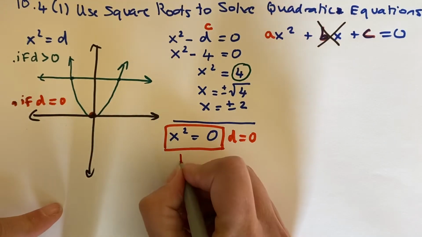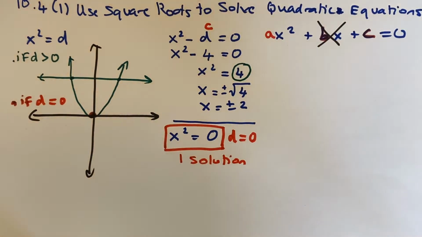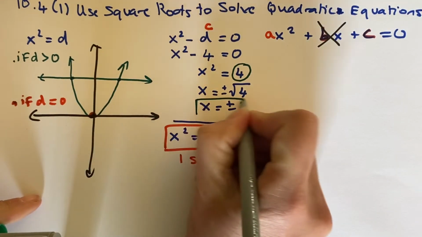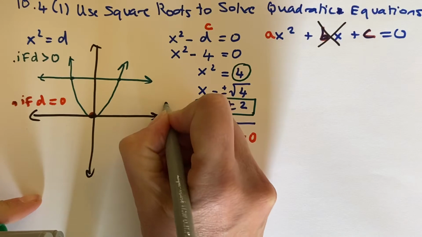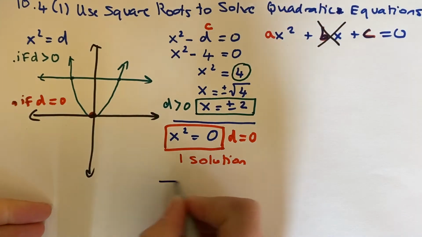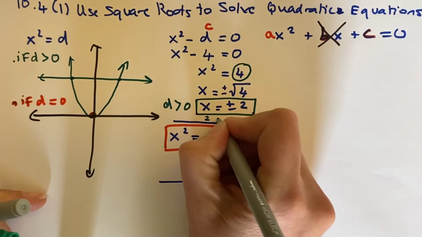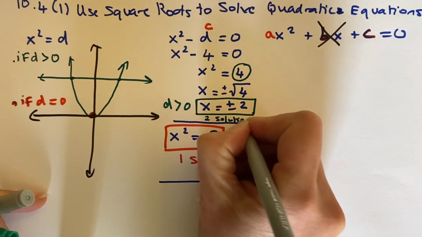So this is one solution, and the one at the top was two solutions.